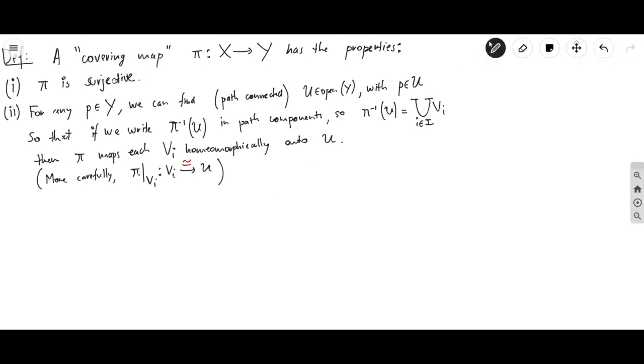Okay, so that's what a covering map is. And let me just say that, observe, a covering map is a local homeomorphism.